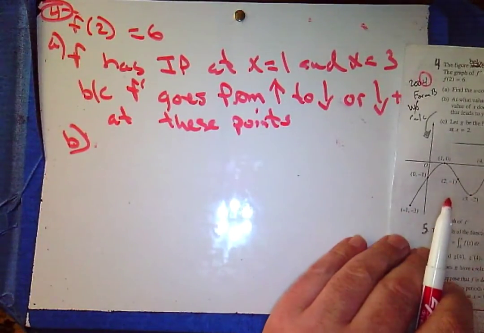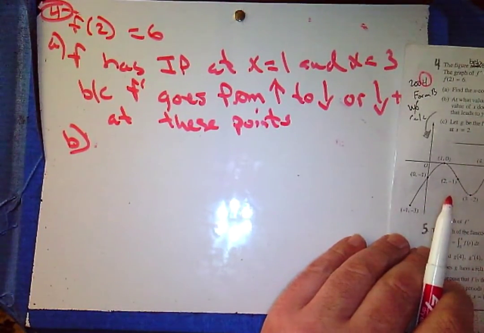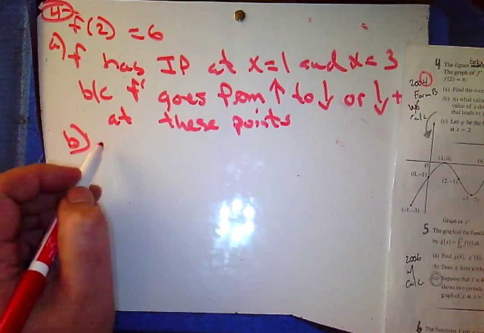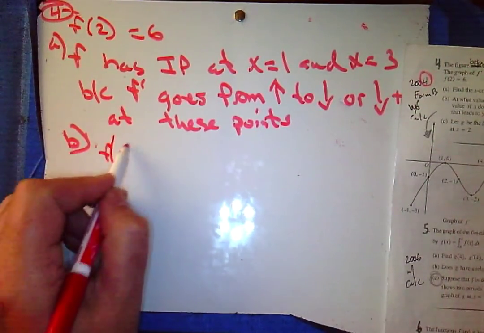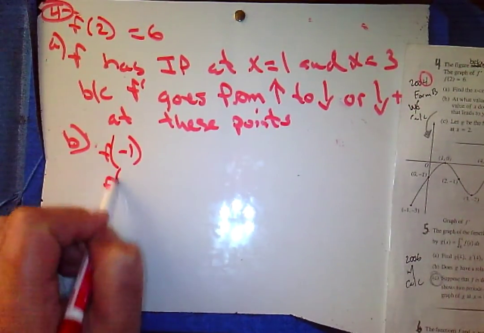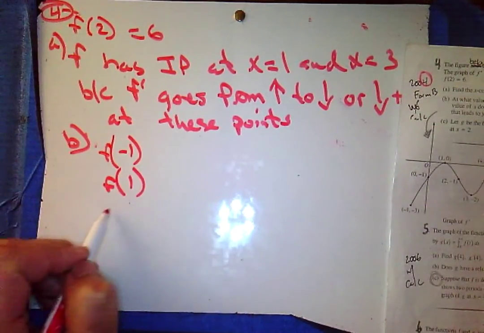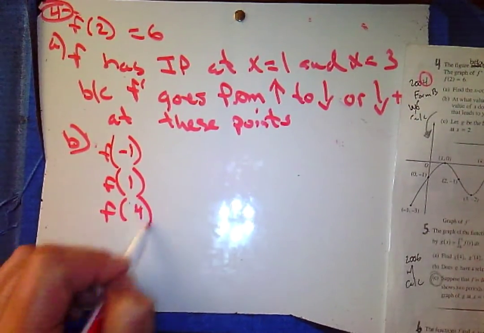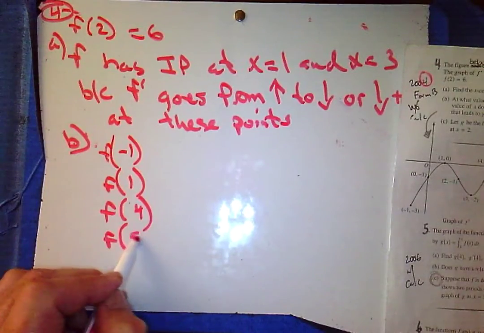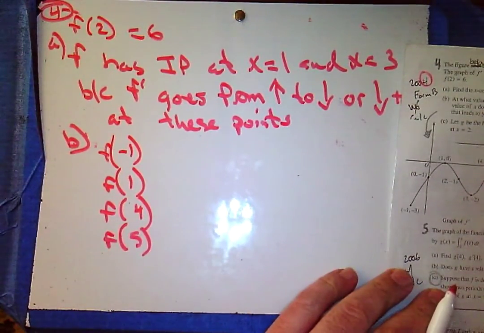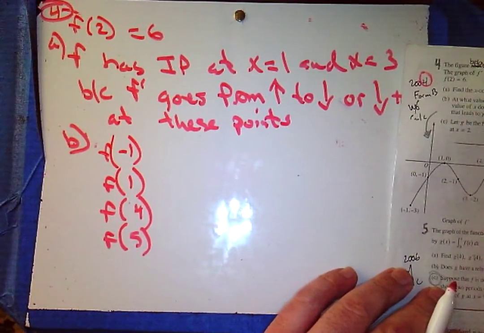But these days, they really want us to consider a candidates test, which means we'd need f of negative 1, f of 1, f of 4, and f of 5. But do I have enough information to figure those out? Well, I don't actually have a function, nor do I actually have the areas.